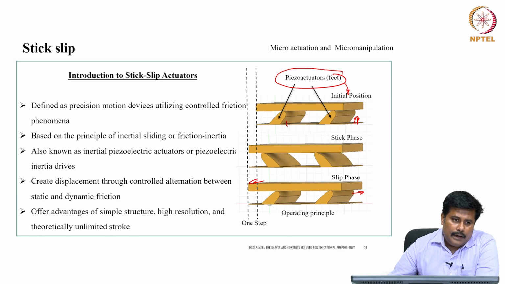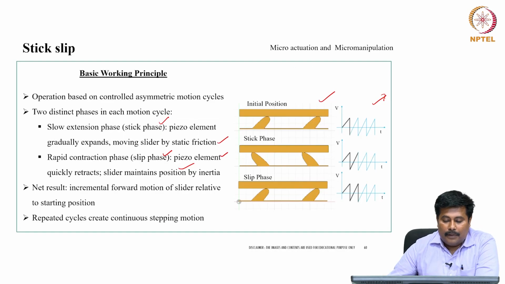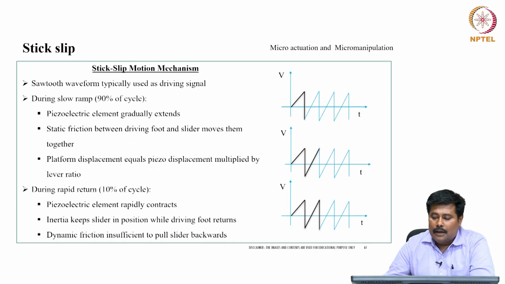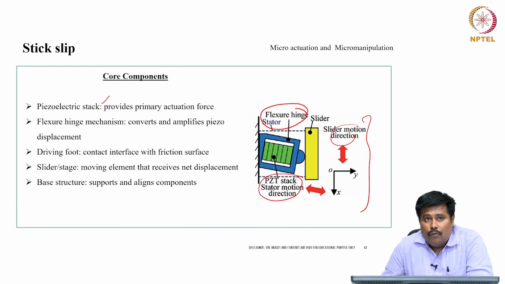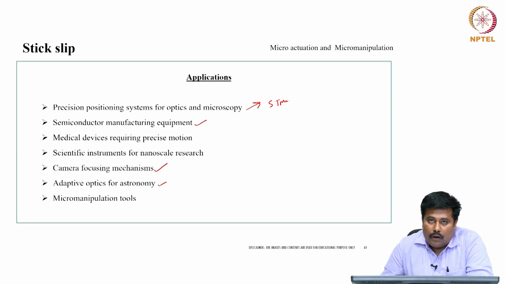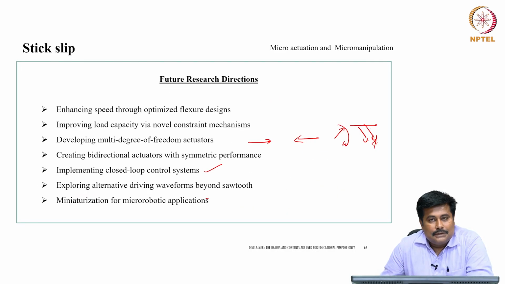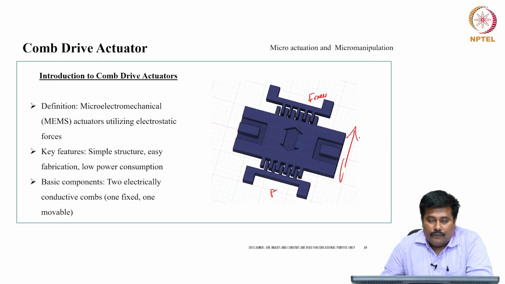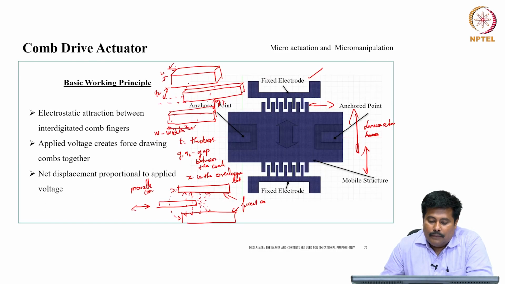So we had a detailed discussion on the stick-slip phenomenon, how it is impacted. It has potential application towards micro-robotics. What are the different core components involved in this stick-slip phenomenon, overall operating characteristics, advantages, challenges, and the future direction. We also had a discussion about this comb drive actuator.